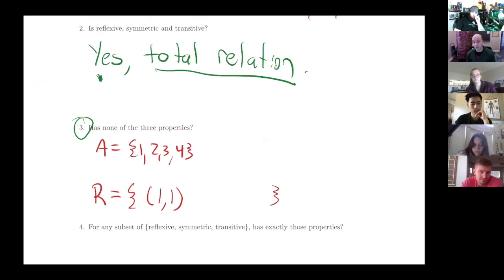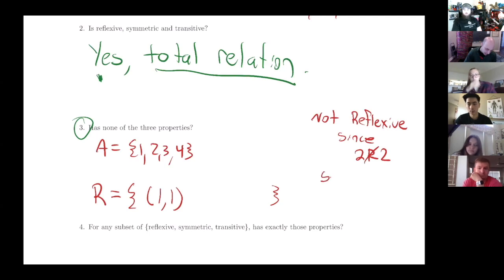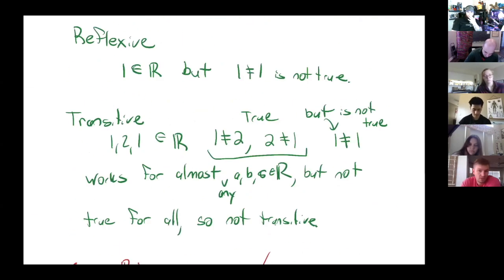So if I add an element like this, it is not reflexive, since, for example, we don't have 2 related to 2. This is symmetric since 1 is related to 1, which is related to 1, and that's all we need for symmetry.